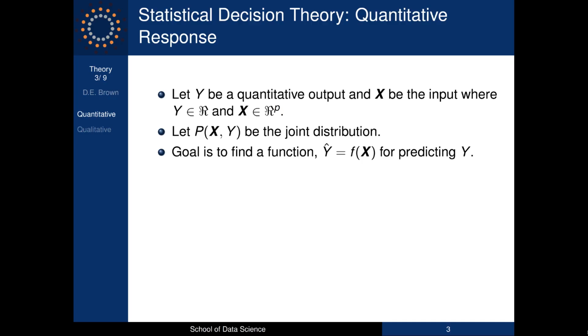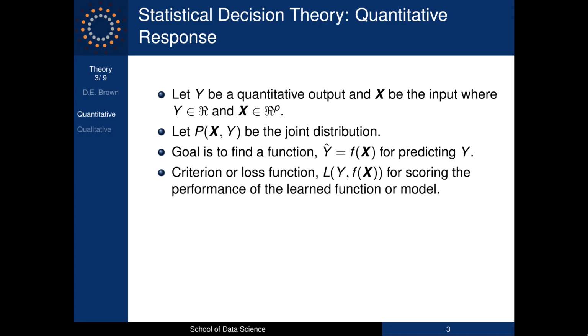And that's what we're interested in. We score our prediction using a loss function. So this L is the loss function, the y is the true value, and the f of x is our estimated value for y. So we look at some scoring function that basically tells us how well we're doing in our prediction f of x of y.